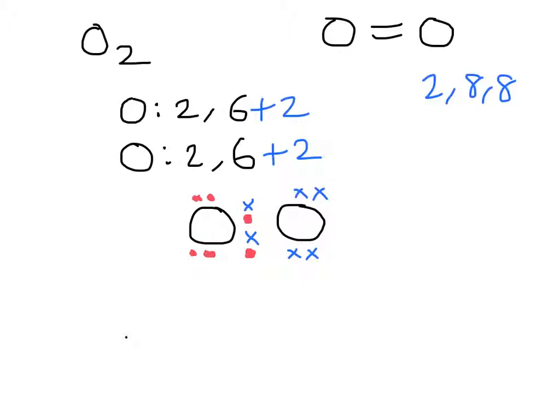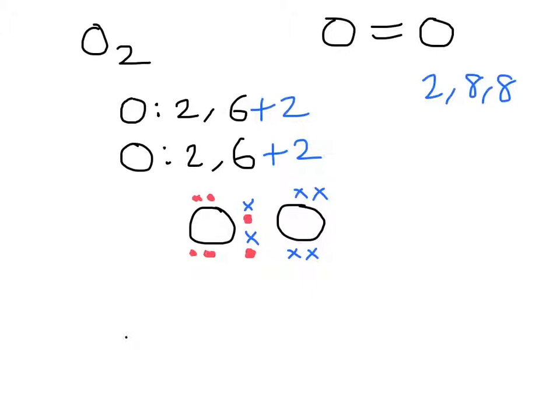So let's count the number of electrons here. This oxygen has achieved a full outer shell, as you can see, 2, 4, 6, 8. This oxygen here achieved a full outer shell in a similar way, 2, 4, 6, 8. So both have achieved the full outer shell, and they are very stable in that way, and these pairs of electrons represent that bond.